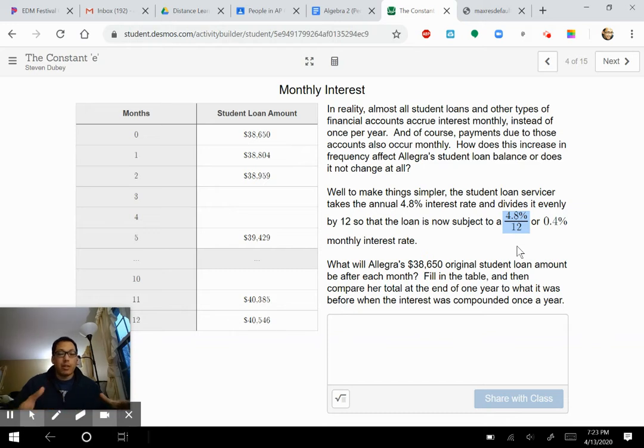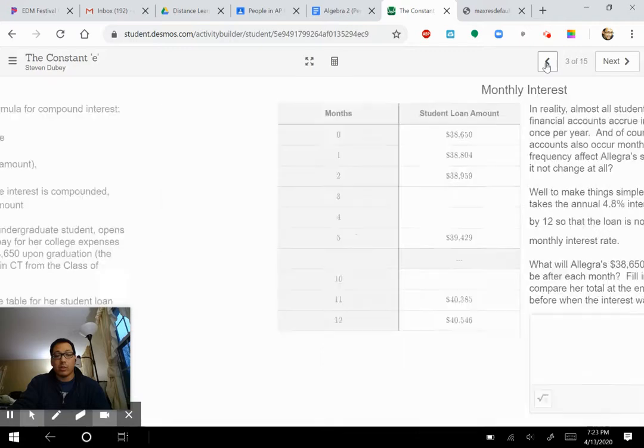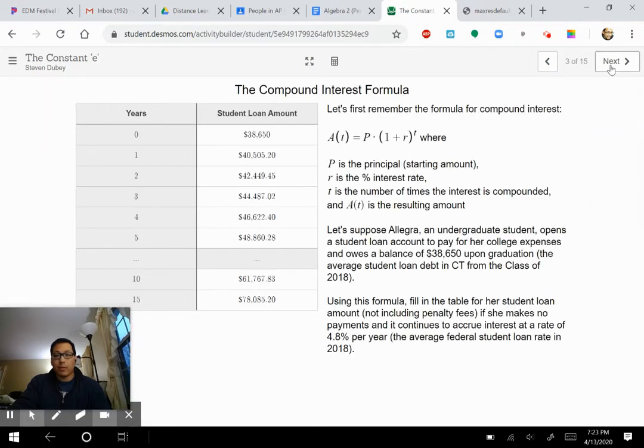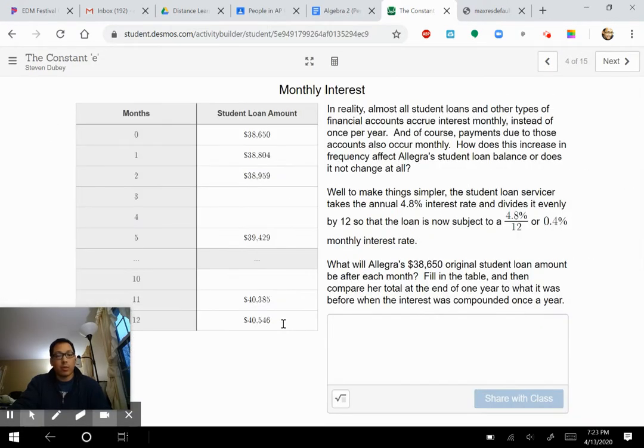So if after 1 month, they grow this amount that she owes by a little bit, then the next month it's going to grow even more. It's going to get compounded even more so. So she's going to owe. It looks like she's owing about $40 more. 505, yeah, about $40 more by the end of the year. Not much, but a little bit. So let me say here, she will owe about $40 more than before.